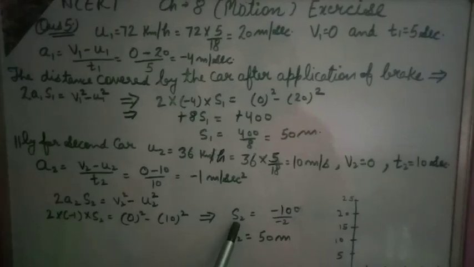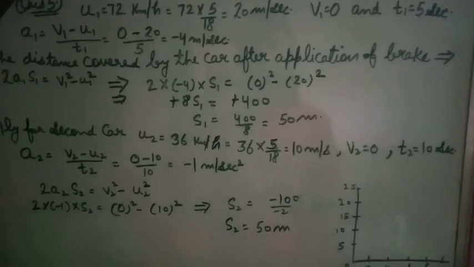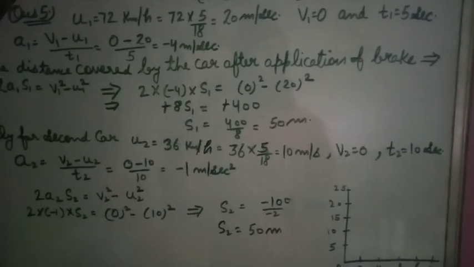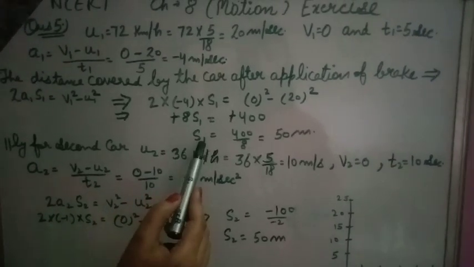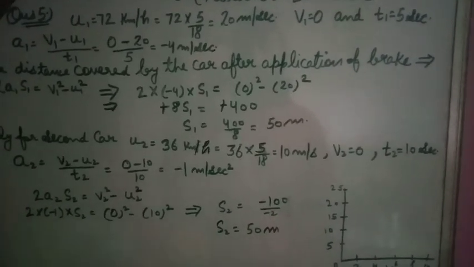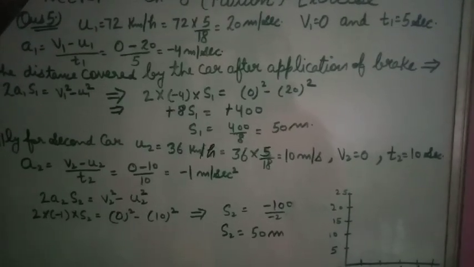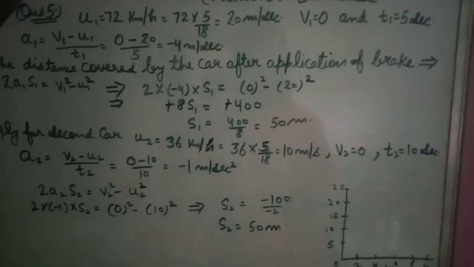So the value of s2 will come out to be −100 upon −2, so s2 is equal to 50 meters. So after applying the brake, the distance covered by the first car is 50 meters, and again after applying the brake, the distance covered by the second car is also the same, that is 50 meters.